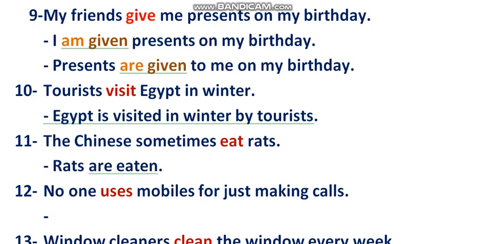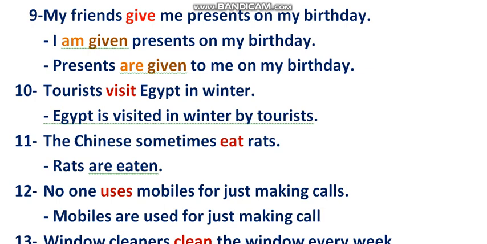No one uses mobiles for just making calls. We know that we use them for internet, for work, and so on. So the object is mobiles. That's plural, so we need are. Use is simply used for just making calls.